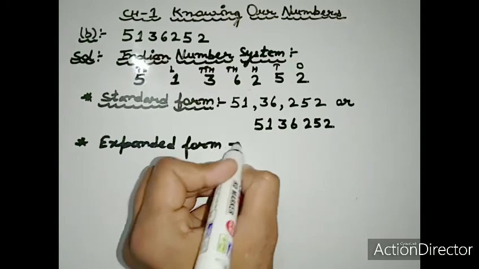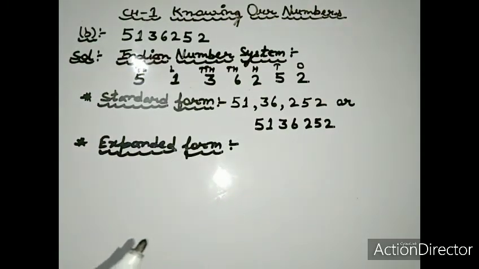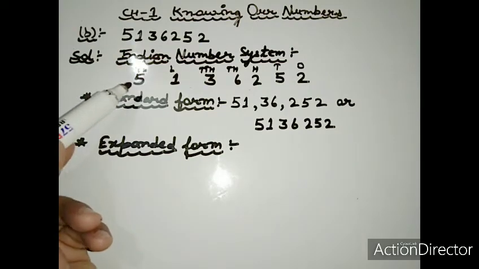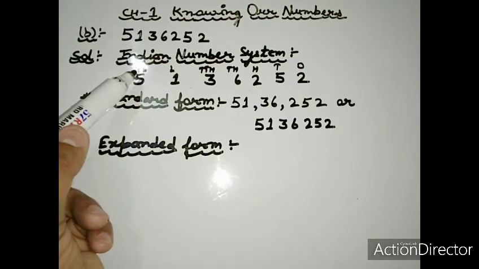Expanded form. Now here we write this number according to their places, and we multiply the face value of the number by their places.